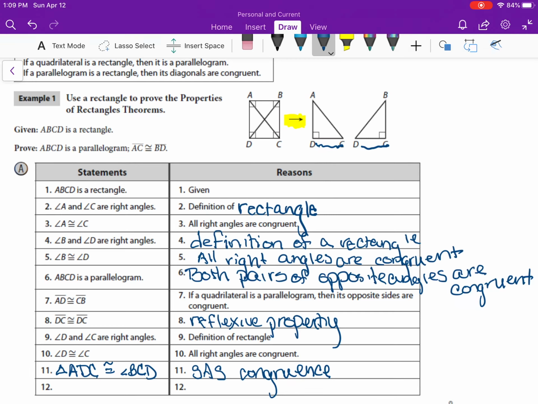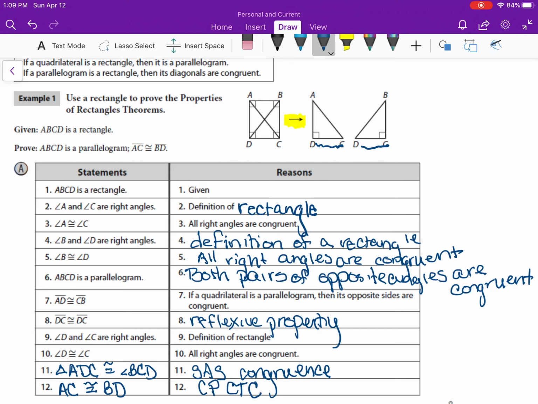And now we know AC and BD are congruent, because corresponding parts of congruent triangles are congruent.